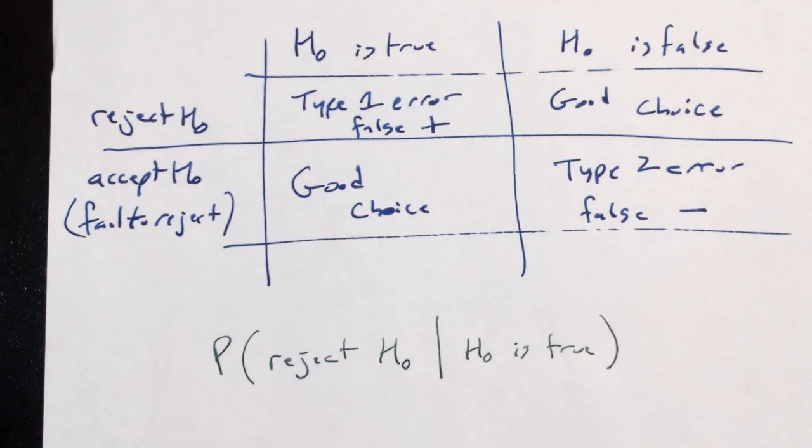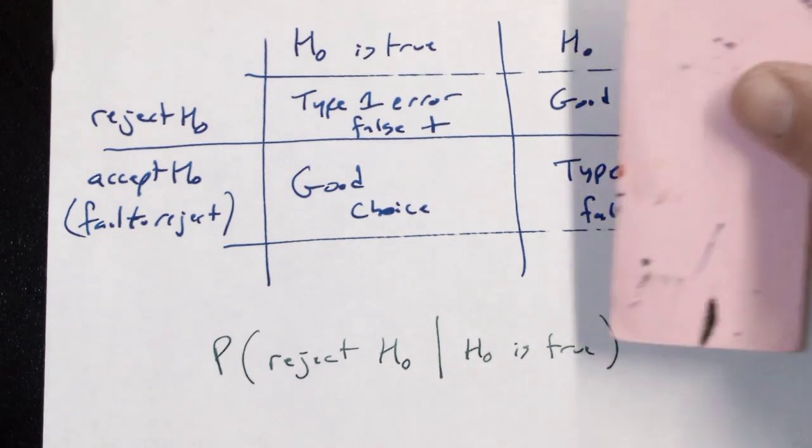What parts of the table would I use to calculate that number? Like the type one error over whatever the total of each column would be.